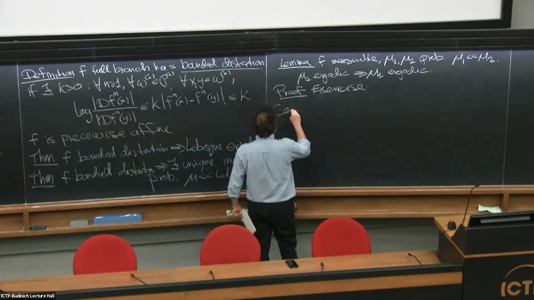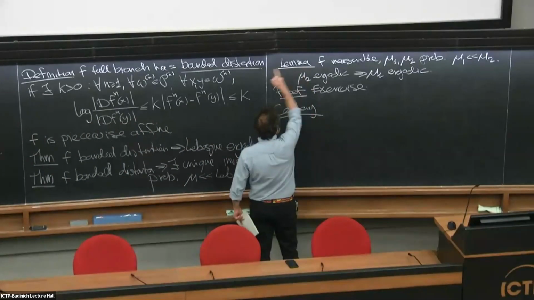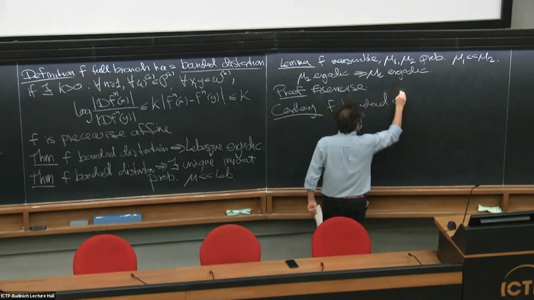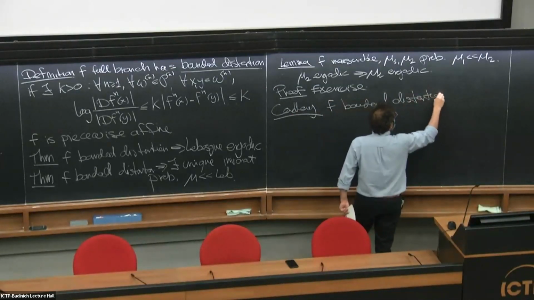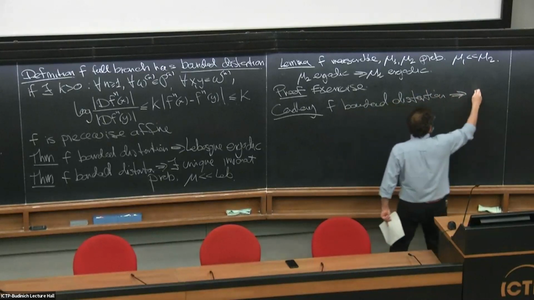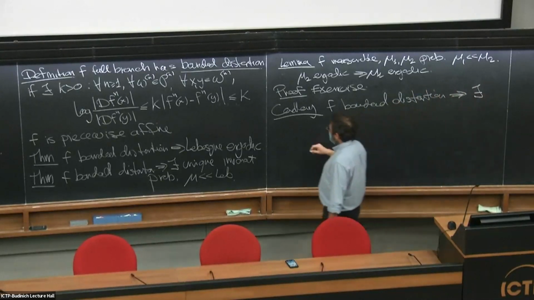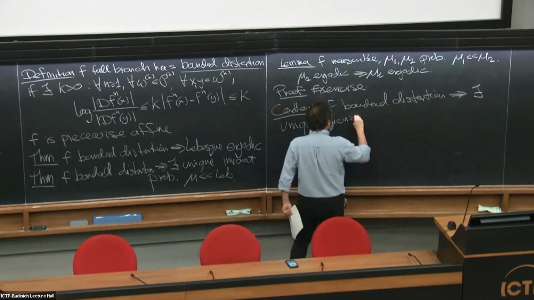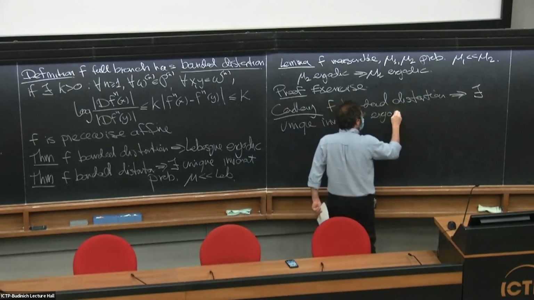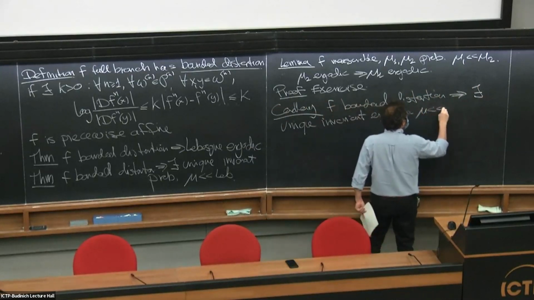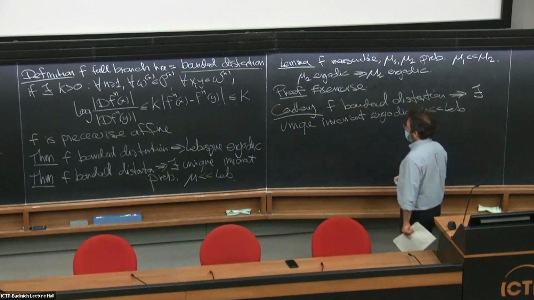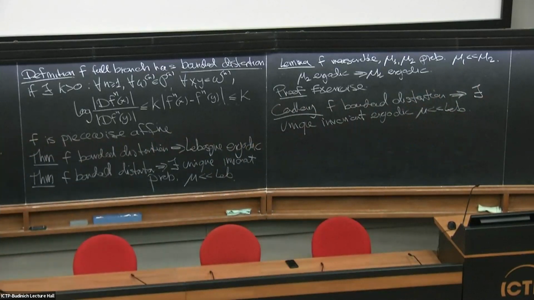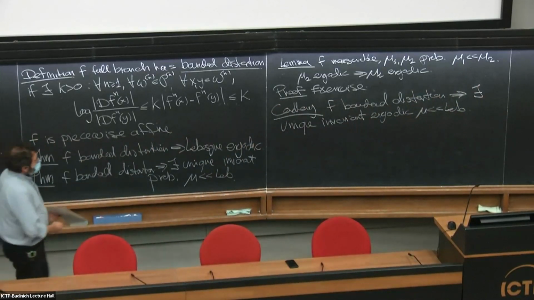So as a corollary, combining these three results, we show that if F has bounded distortion, then there exists a unique invariant ergodic measure mu, which is absolutely continuous with respect to Lebesgue. And therefore, it's a physical measure. Any questions?